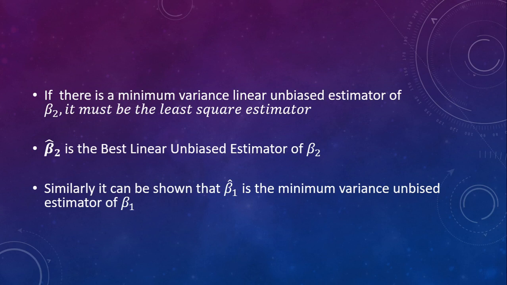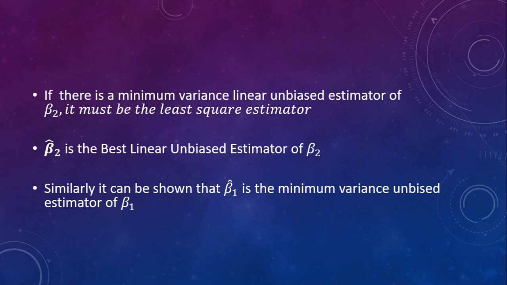So, we have shown that beta 2 hat is the best linear unbiased estimator of beta 2. That means the OLS estimator beta 2 hat is the best linear unbiased estimator of beta 2. Beta 2 hat is BLUE, best linear unbiased estimator. So we have proved the Gauss-Markov theorem in the case of beta 2 hat.